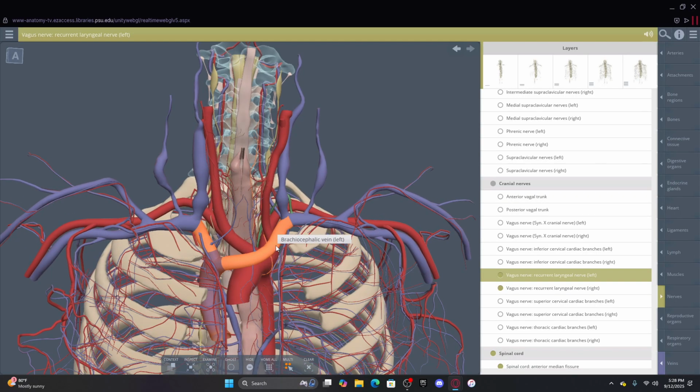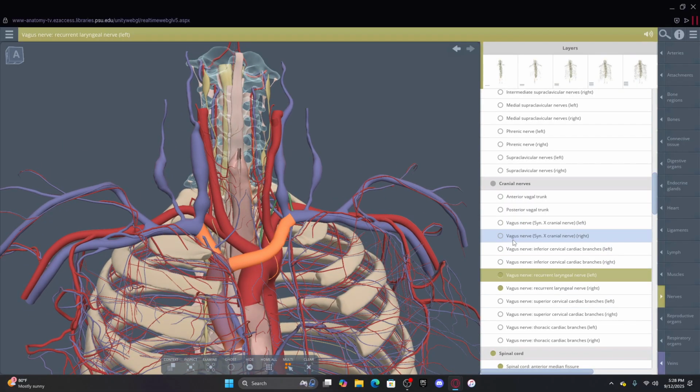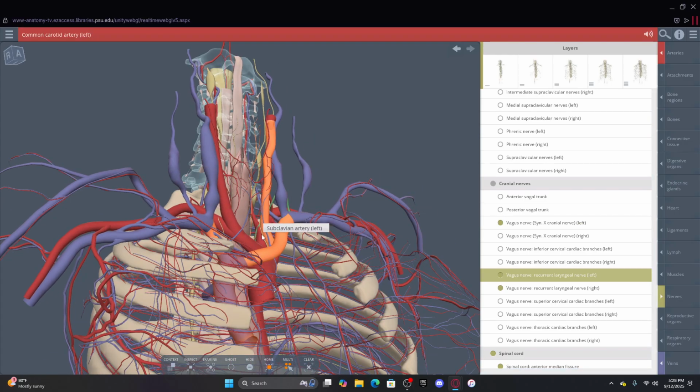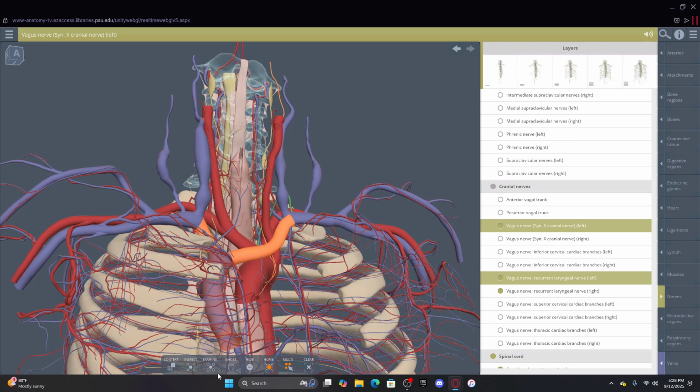Right, so we have our vagus nerve here. And then we have the left recurrent laryngeal. And then I'm going to also select the arch of the aorta.